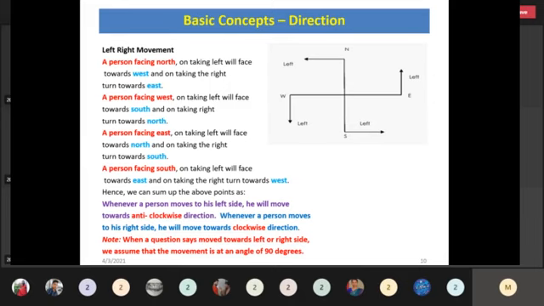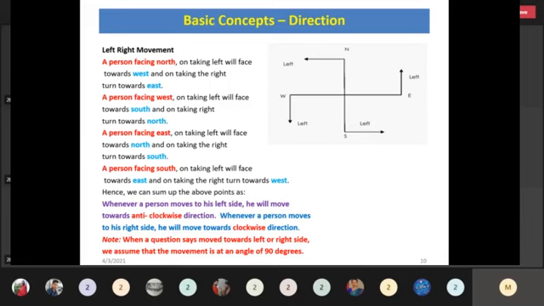The third point: a person facing east, on taking left, will face towards north, and on taking right turn, towards south. Now a person facing south, on taking left, will face towards east, and on taking the right turn, towards west. So these four points are very important in order to solve direction sense problems.